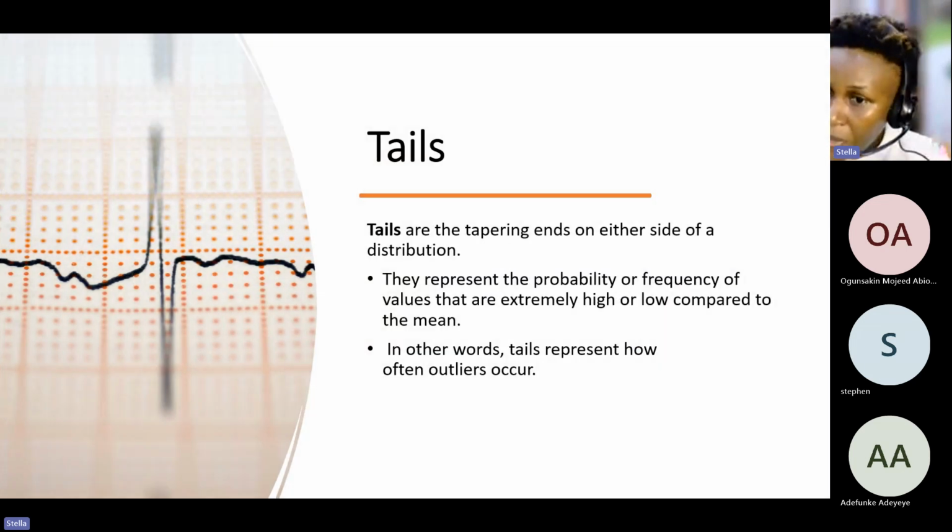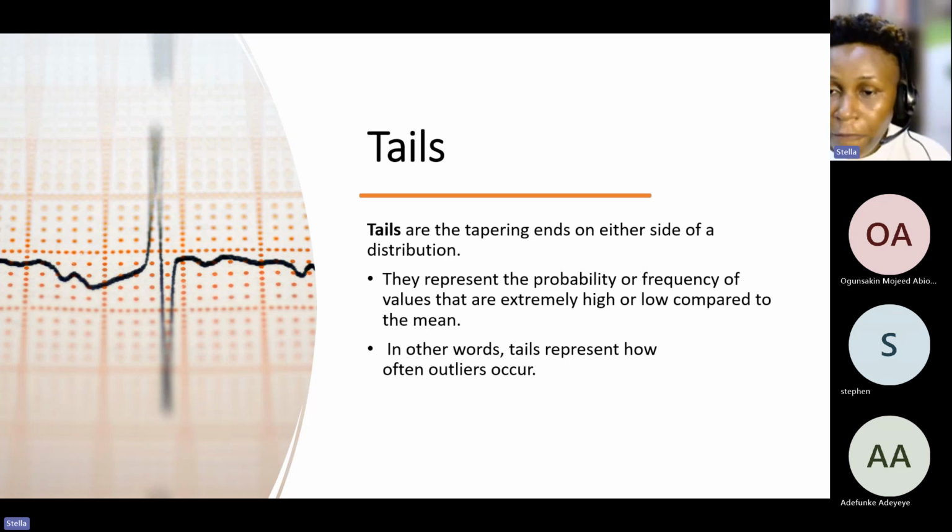So tails are the tapering ends on either side of a distribution, like I've shown you. They represent the probability or frequency of values that are extremely high or extremely low compared to the mean.